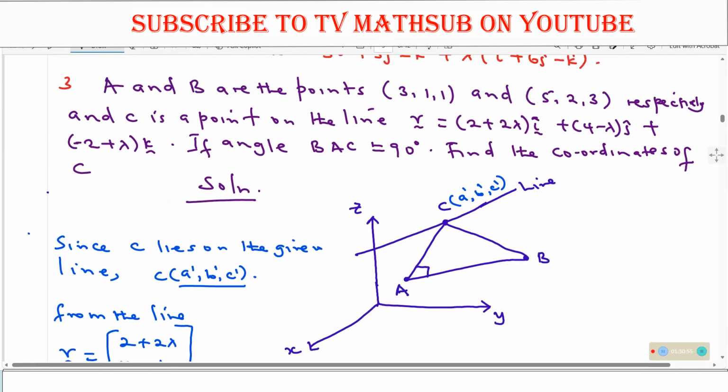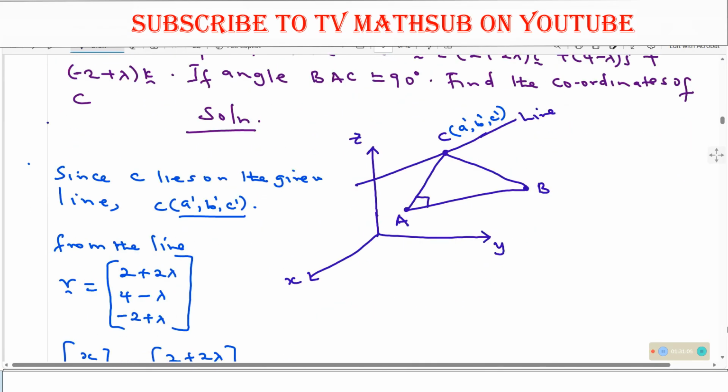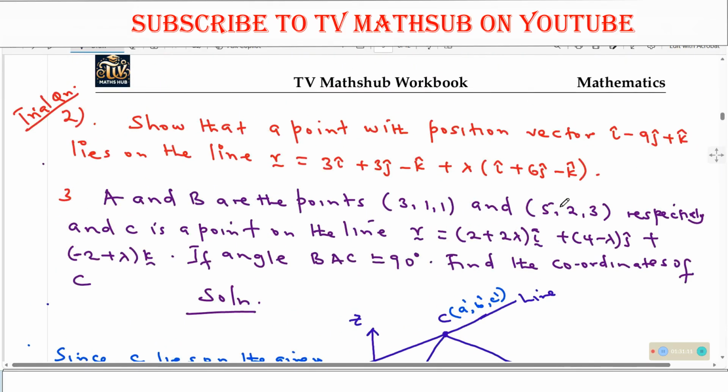Is that one okay? Yes. The important thing here is that you are combining two points. One, this point C is a point on the line. You must recall that a point on the line must satisfy that given line. Then you are given this condition, BAC is 90 degrees.